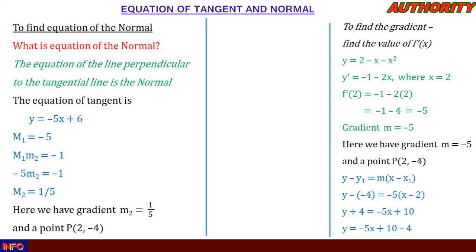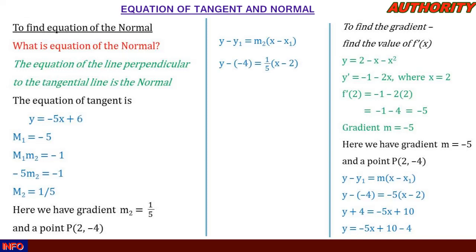So the equation of the normal, let's apply the formula. We say y minus y1 is equal to m2 open bracket x minus x1. In place of y1 we have minus 4, close the bracket, equal to 1 all over 5 open bracket x minus 2.